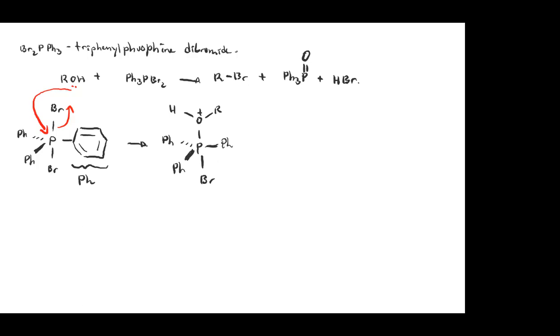And so we get that initial attack, displacement of bromide, and then there's an equilibrium, a proton transfer that's set up with the bromide. And I draw this specifically as an equilibrium because we know that HBr is a very strong acid.